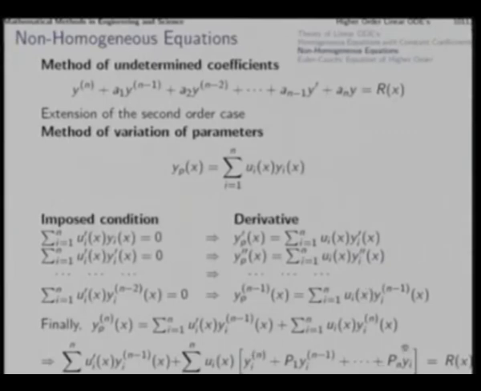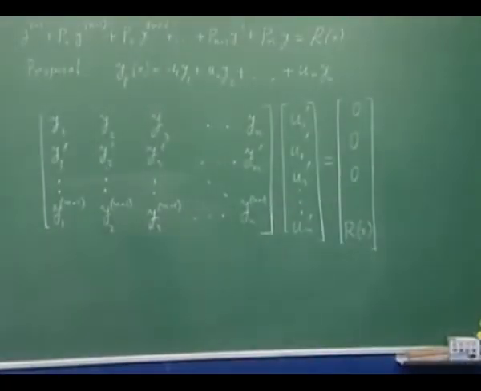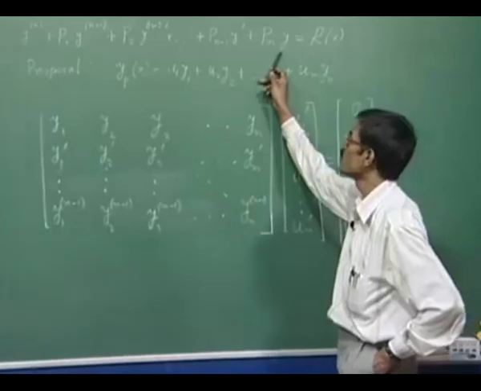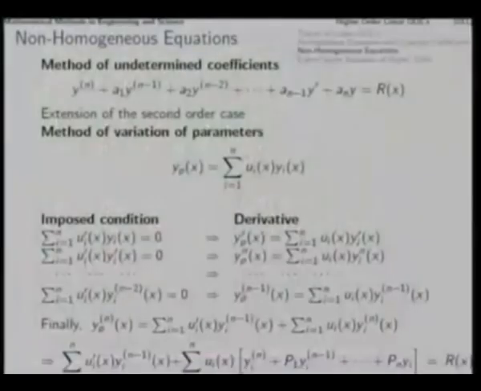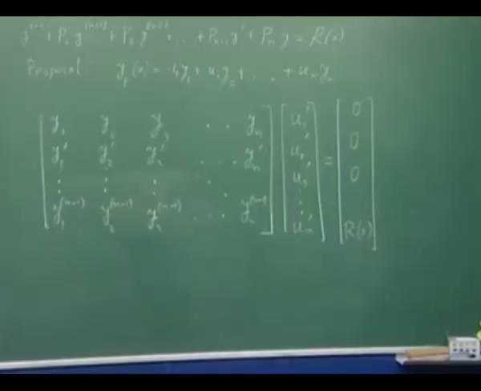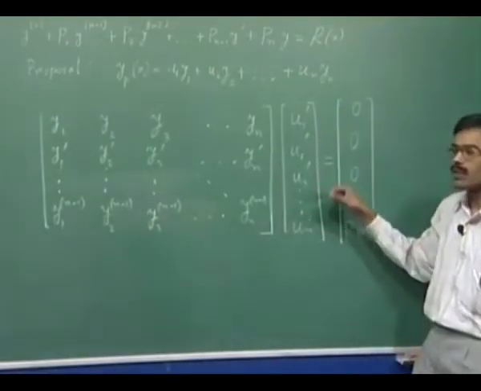Now, we know that each of the functions y1, y2, y3, y4 etc. are solutions of the corresponding homogeneous equation, that is this equal to 0, and therefore, for every i separately this bracketed term vanishes. So, this whole thing goes to 0, this remains on the left hand side and R of x remains on the right hand side, and that is why we get this last row from this system of equations.